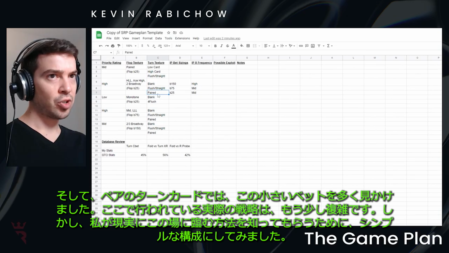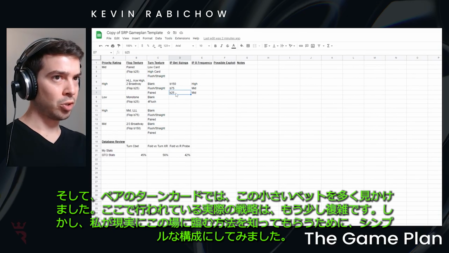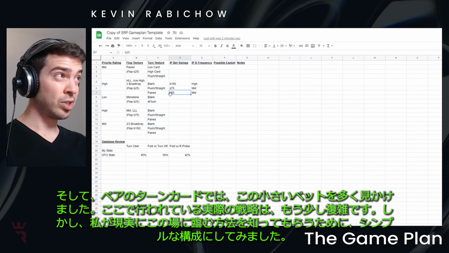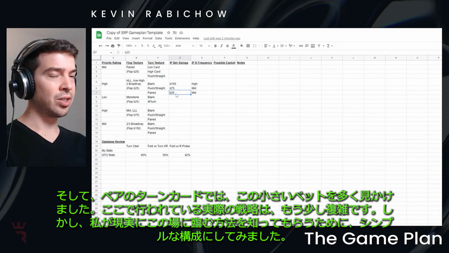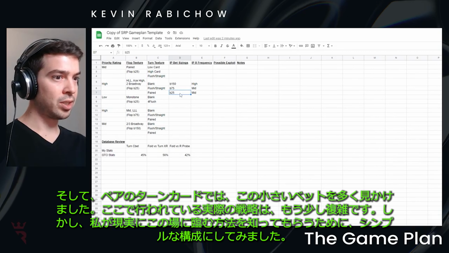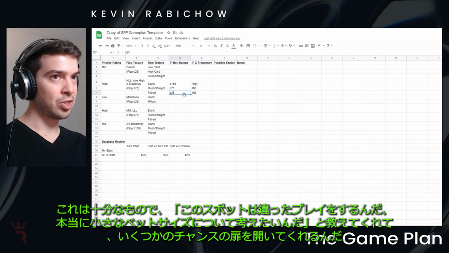And on paired turn cards, I was seeing a lot of this smaller bet. Now, the actual strategy that's getting played here is a little more complicated, but for the sake of a simple structure that helps guide the way I want to approach the spot in reality, this is sufficient in telling me, hey, this spot gets played differently.